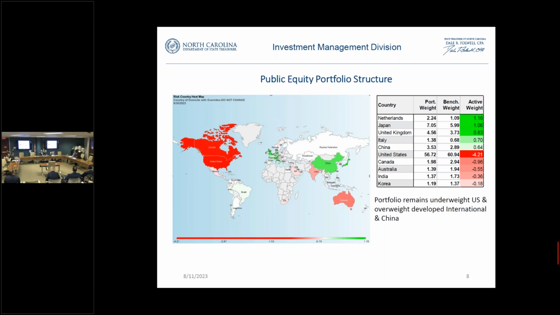The political discord in China has resulted in many investors seeking opportunities elsewhere, namely India, which has experienced significant asset flows over the last several years, and Japan, where currency is significantly undervalued, almost 6 standard deviations. So here you're seeing that as a fallout of the structure, we are overweight Japan, and at that time, underweight the India exposure.